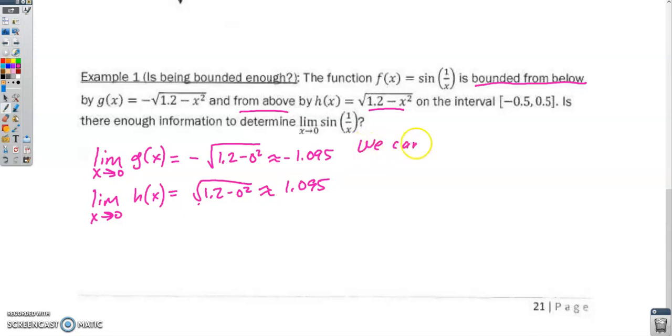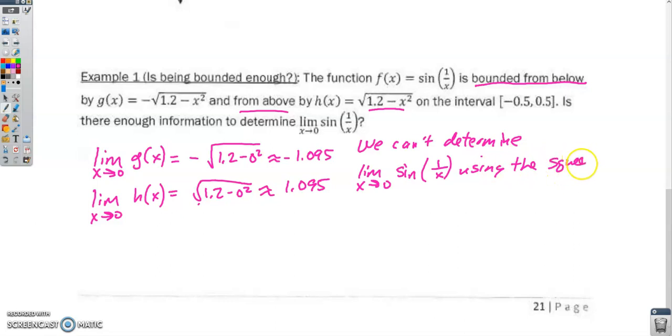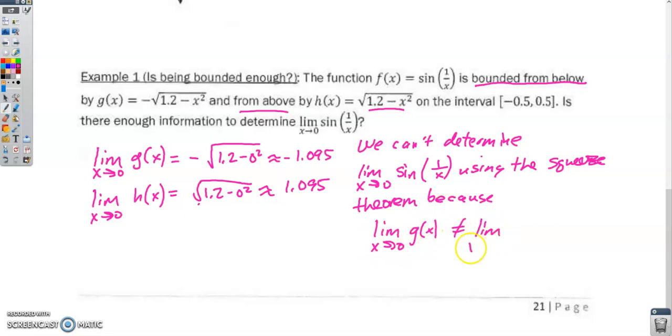We can't determine the limit as x goes to 0 of sine of 1 over x using the squeeze theorem because the limit as x approaches 0 of g of x does not equal the limit as x approaches 0 of h of x. So the squeeze theorem is no help for us there.